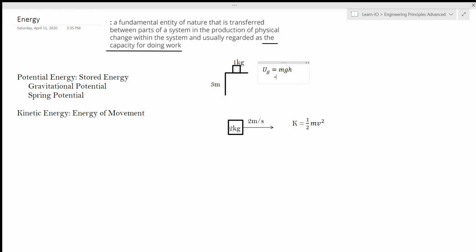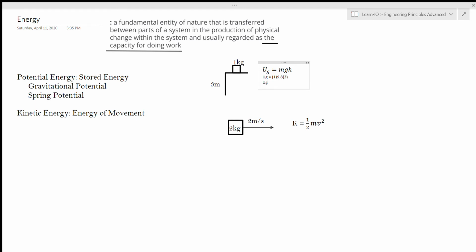So UG equals, M, times G, 9.8, times H. Oh, sorry, did I say 3 for M? I meant 1, times 9.8 times 3.